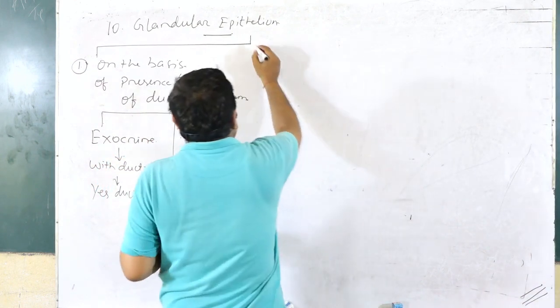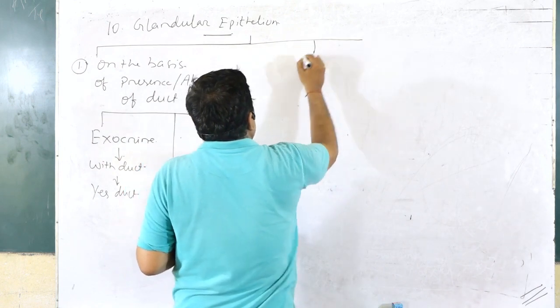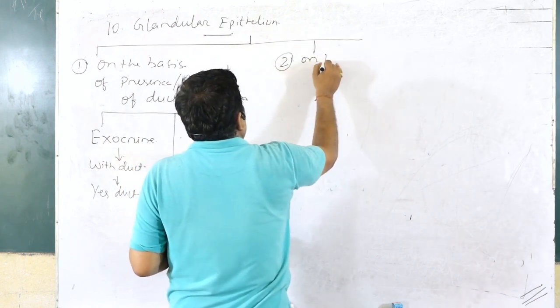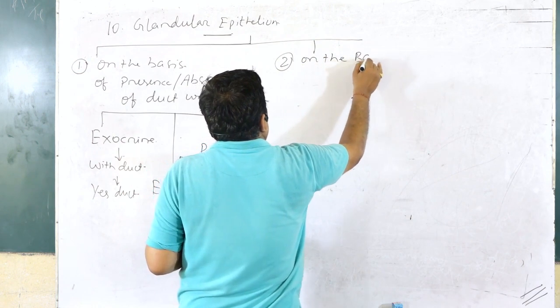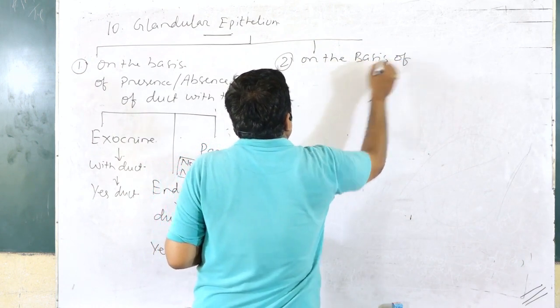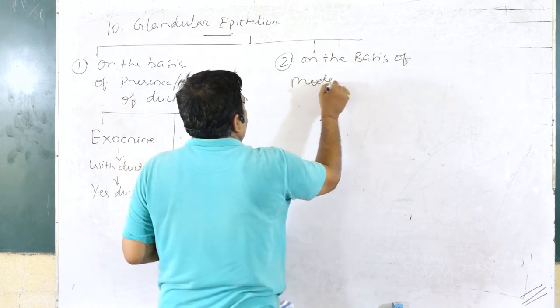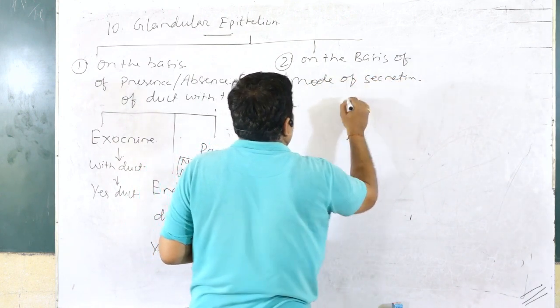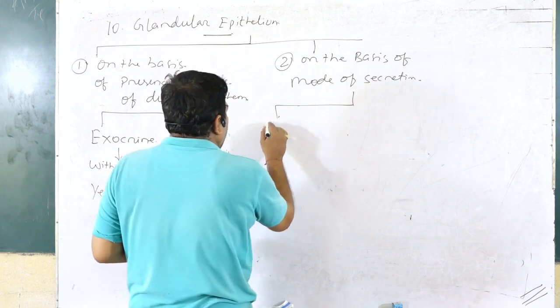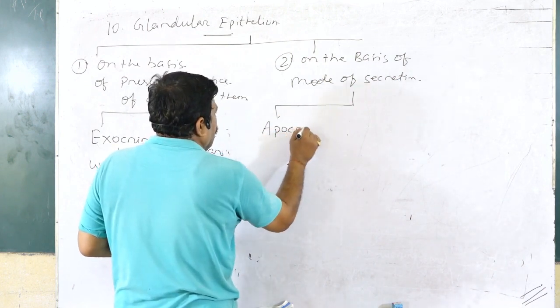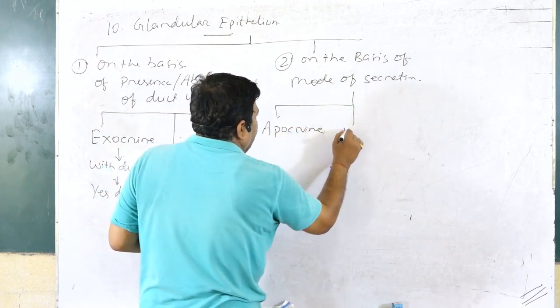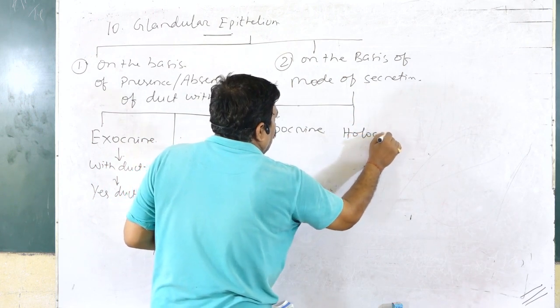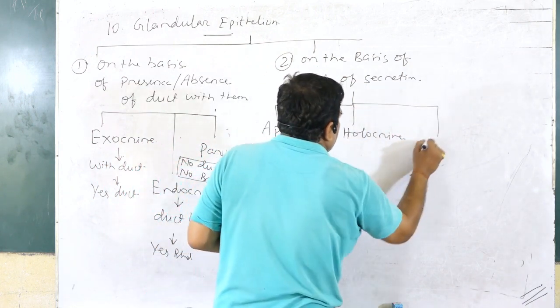on the basis of mode of secretion, glands may be apocrine, holocrine and merocrine.